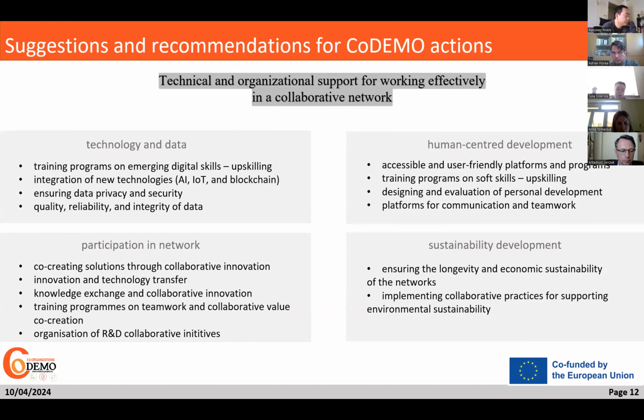Referring to technology and data, training programs on emerging digital skills, integration of new technologies, and the issues of security should be stressed. Referring to human-centered development, also training programs, but user-friendly and accessible platforms and programs were also commonly mentioned.